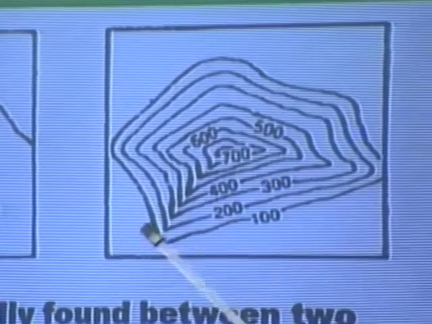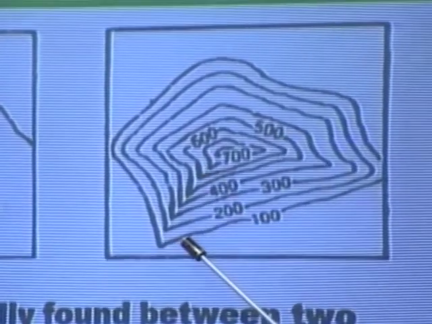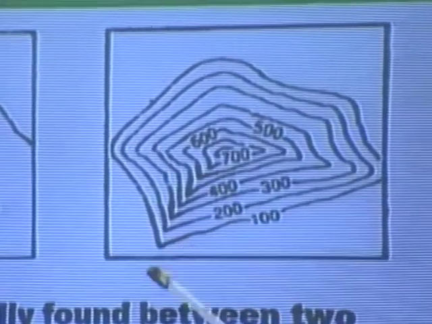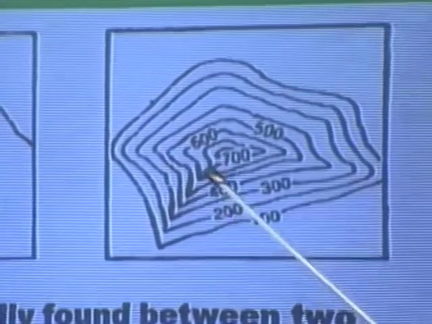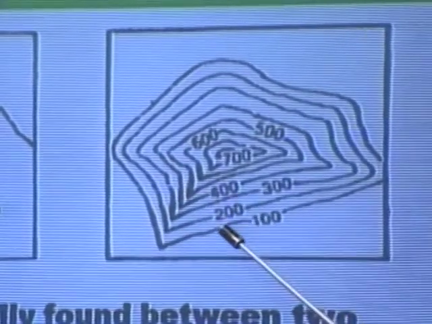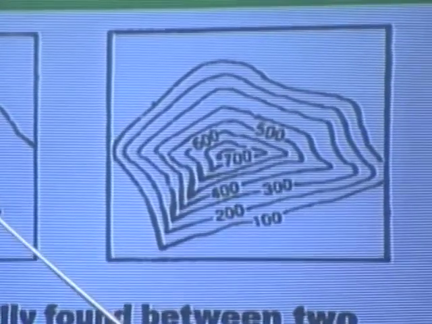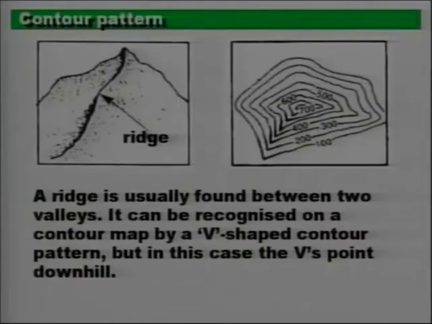But the V shapes are not pointing up to where 700 is. They are pointing down to where the smaller value is. So this tells you that this is a contour pattern of a ridge, because the V's are pointing downhill. A contour pattern of a ridge will look like the one shown here.